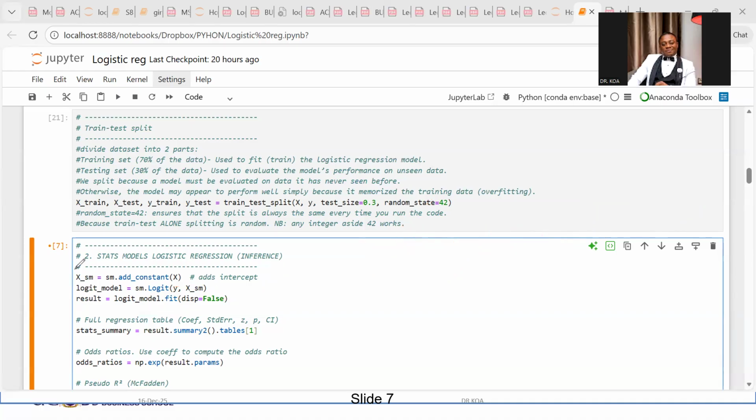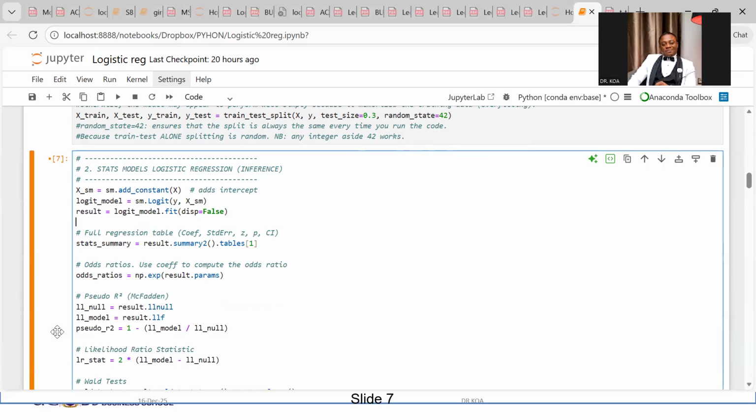I'm just putting all the coding together before we run it. The next part is that when you have done the whole work, I want you, Python, to generate the full regression table. I want you to include the coefficient, the standard error, the z-statistic, the p-value, as well as the confidence interval. Give me everything.